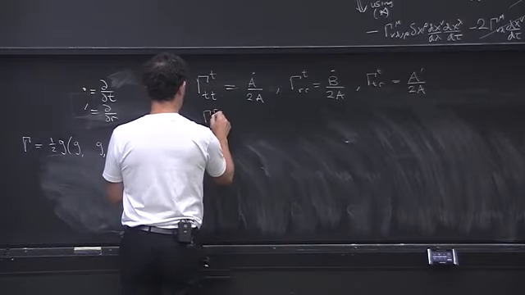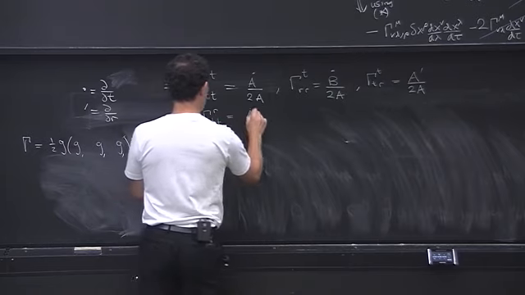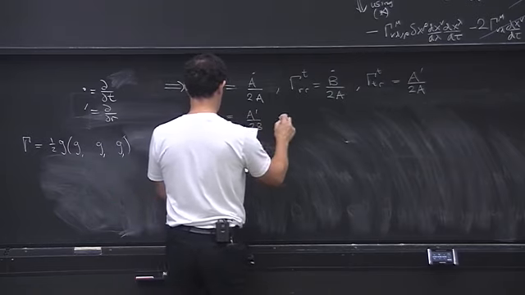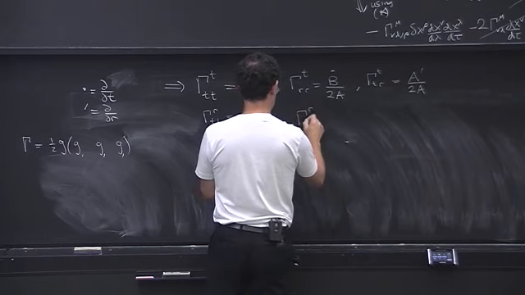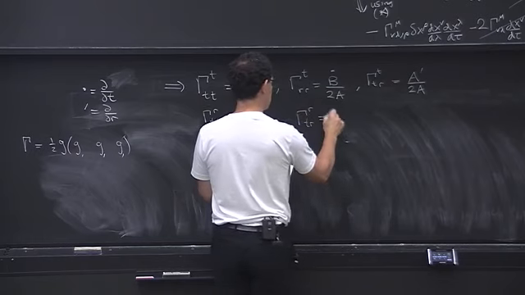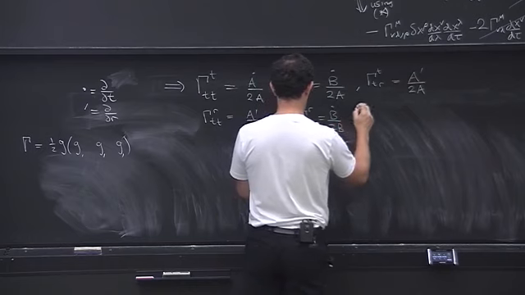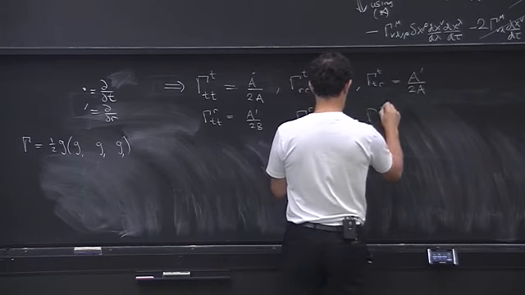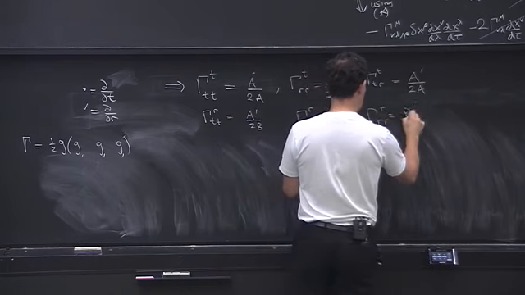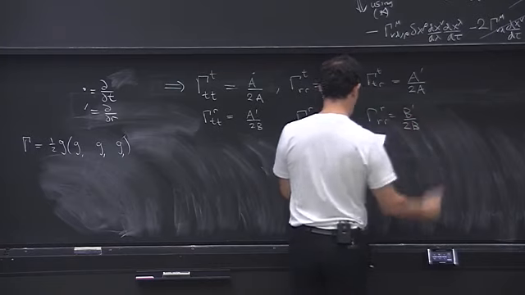Then I have gamma r tt, A prime over 2B, gamma r tr is B dot over 2B, gamma r rr equals B prime over 2B.